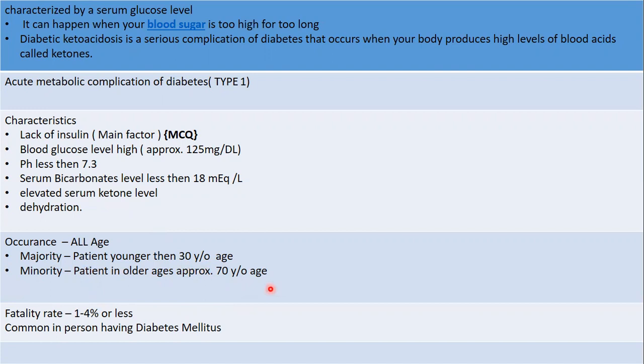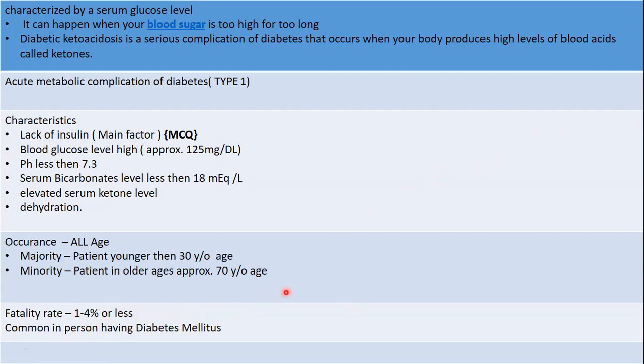Coming to its fatality rate, since it is a very complicated condition, when we do not take insulin doses properly, or we do not pay attention to the diabetes, we take it in a very easy way, then this condition occurs, and therefore the fatality rate is normally low, that is 1 to 4% or even less than this.